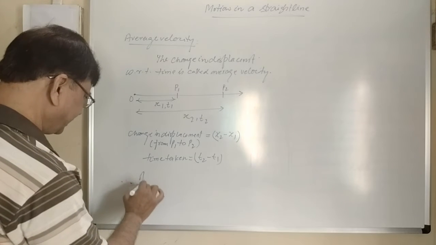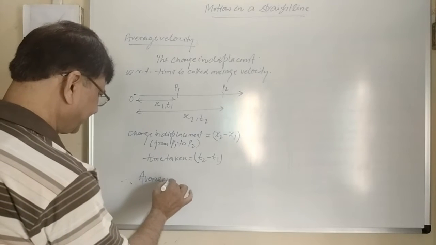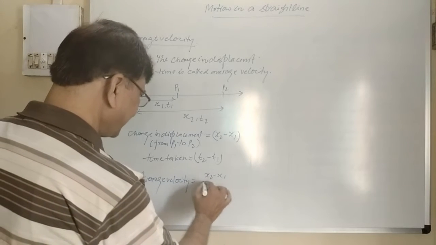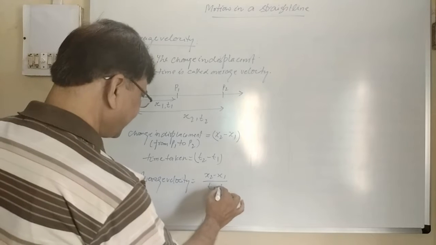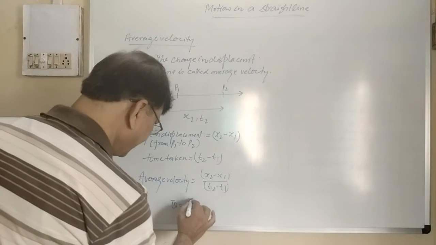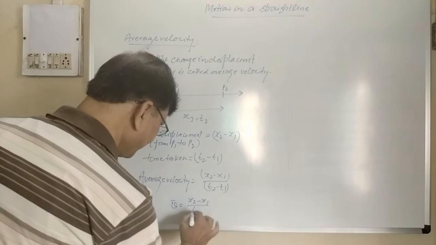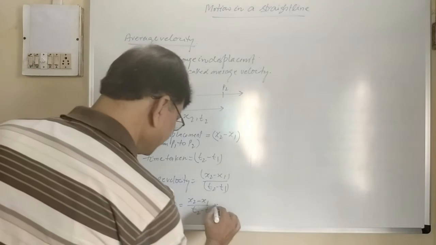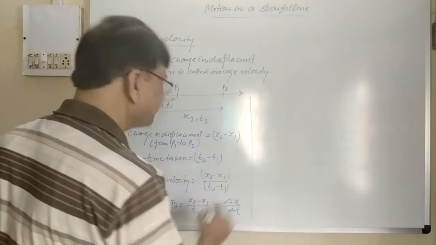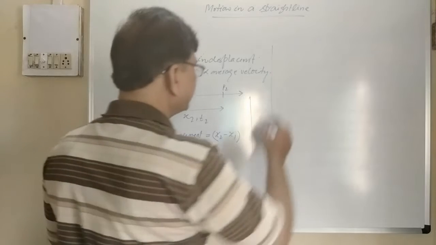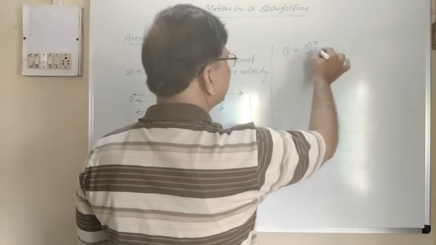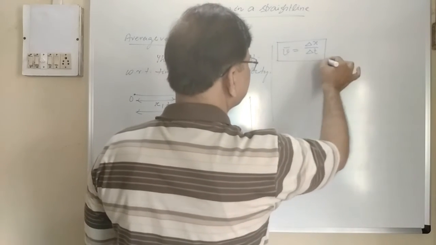Therefore, average velocity is equal to x2 minus x1 upon t2 minus t1, and average velocity is denoted by v bar, that is delta x upon delta t. So v bar, the average velocity, is equal to delta x upon delta t. This is the average velocity.